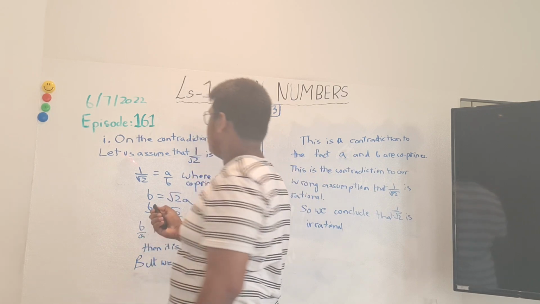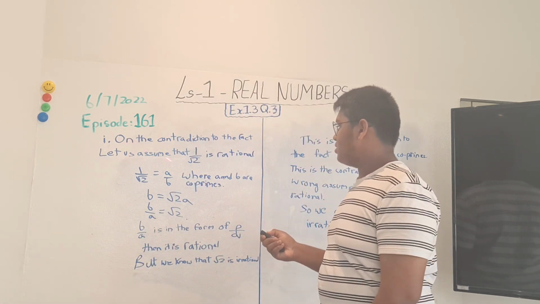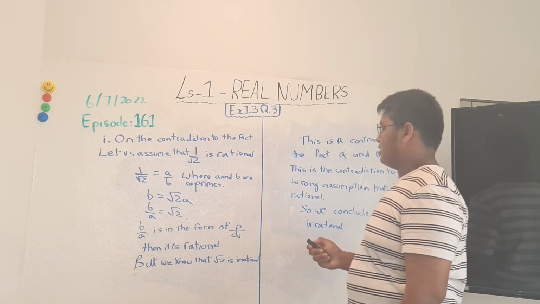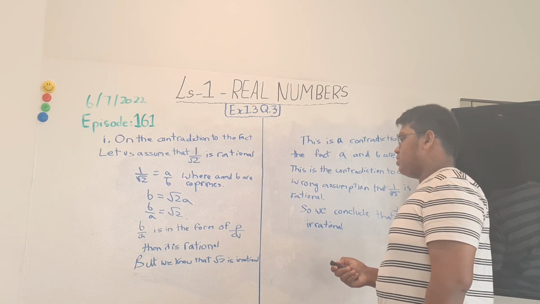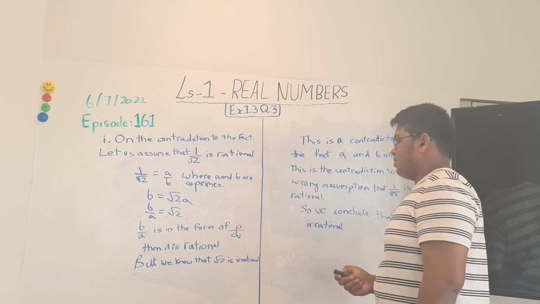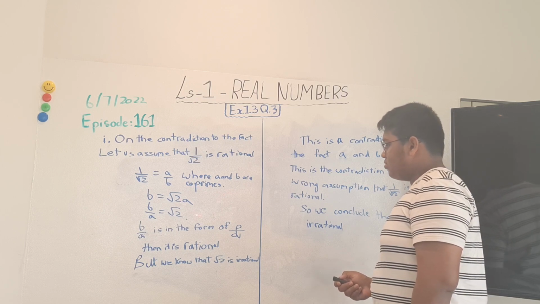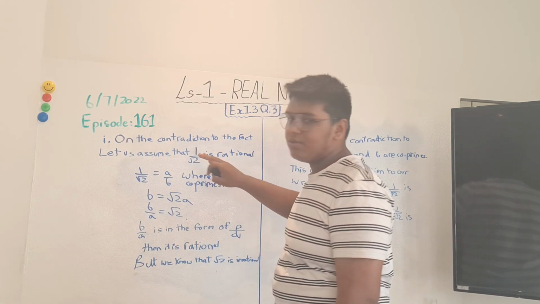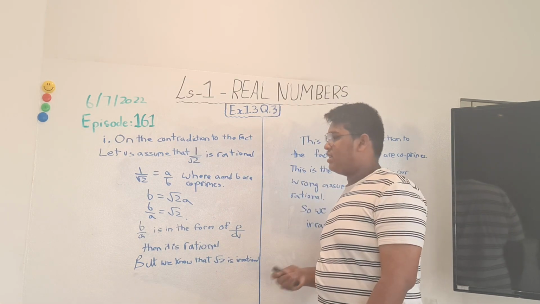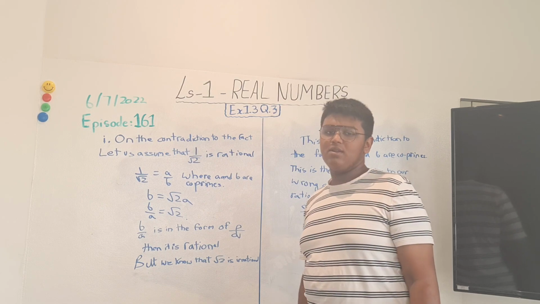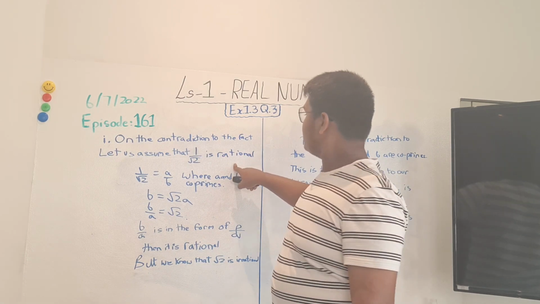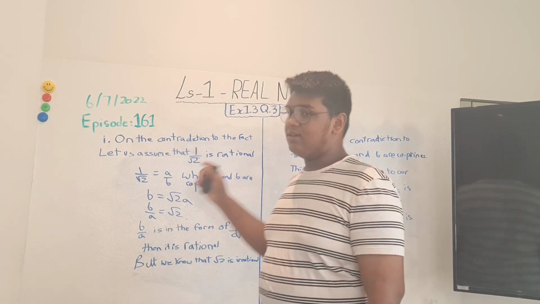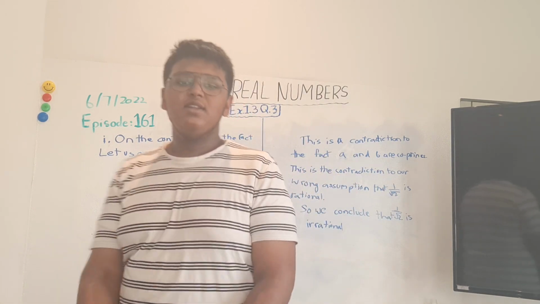Now the answer is: by contradiction, let us assume that 1 by root 2 is rational. So 1 by root 2 is equal to a by b, where a and b are co-primes. Then b equals root 2 a. Here 1 by root 2 is given as irrational, but we can assume it as rational.